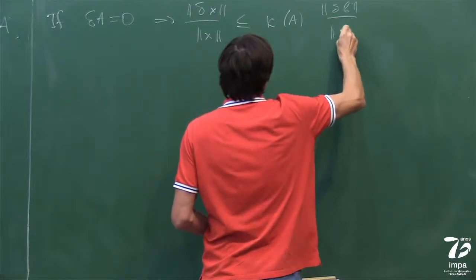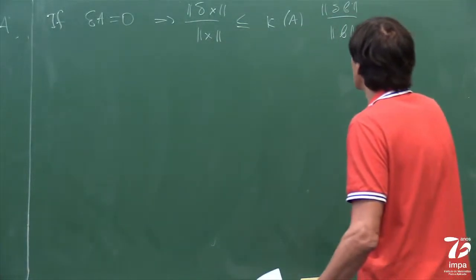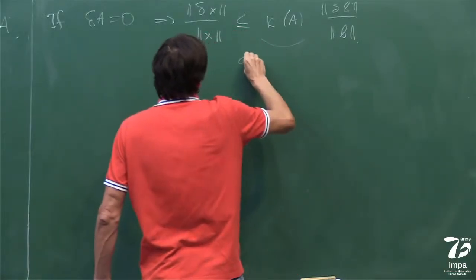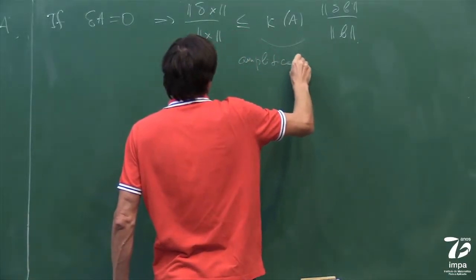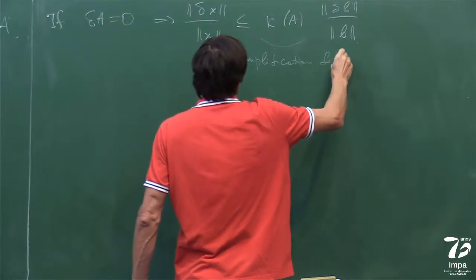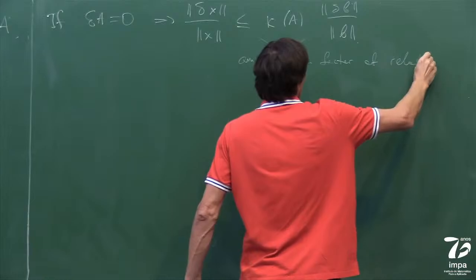So this is exactly what we had. So the condition number is the amplification factor of relative error.